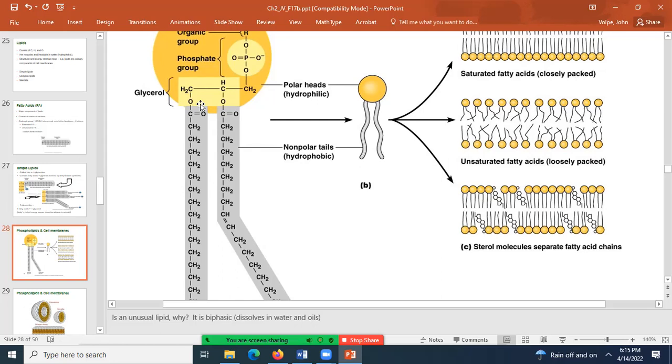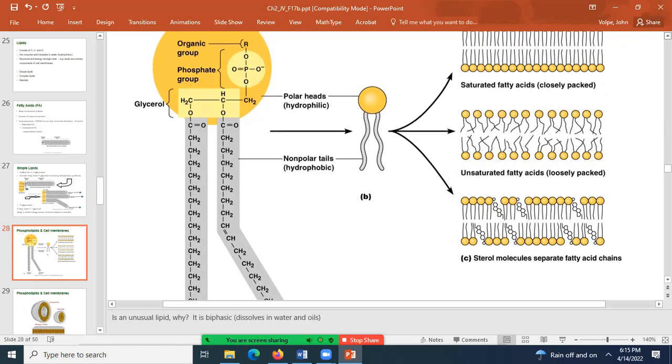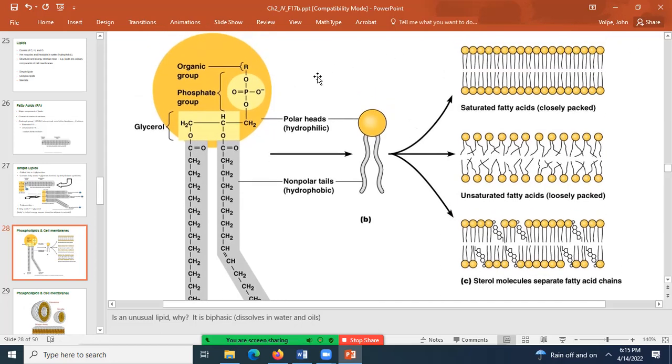But instead of like a triglyceride, you don't have 3 fatty acids, you have 2. And then the third position of glycerol doesn't bind to a fatty acid. It binds to a phosphate group. And then there will be an organic group attached to that phosphate group, attached to the glycerol.